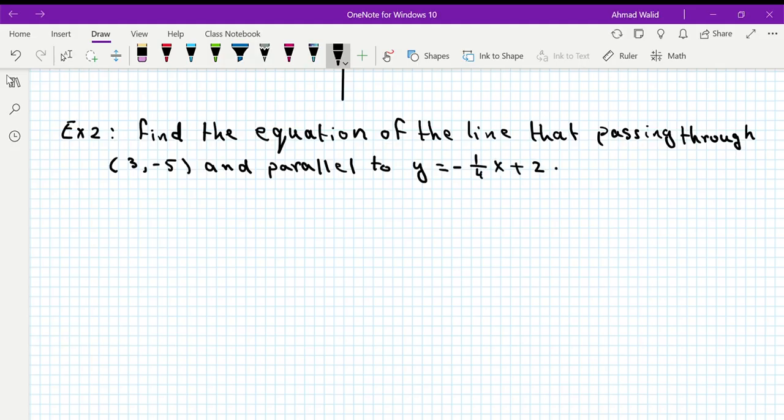I will not graph here, I just ask you to write the equation of the line that passes through the point (3, -5) and parallel to this.